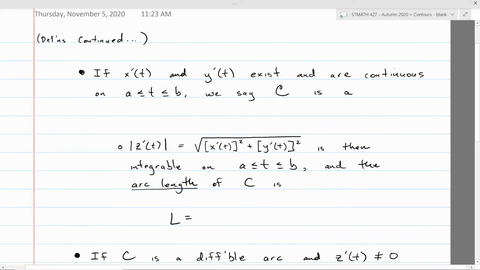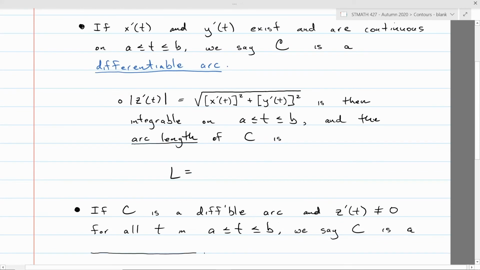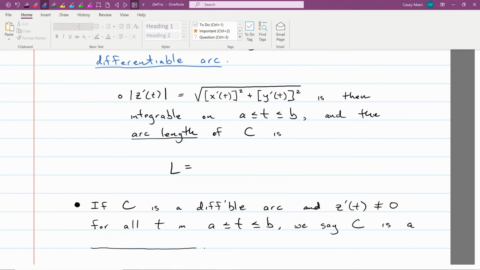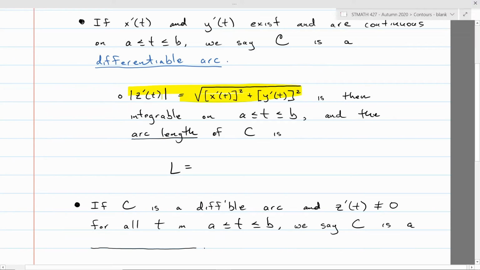Some more definitions here. If the two component functions x of t and y of t are differentiable, so those derivatives exist and are continuous on the interval, then we say C is a differentiable arc. When you have a differentiable arc, then look at the magnitude function of the derivative.